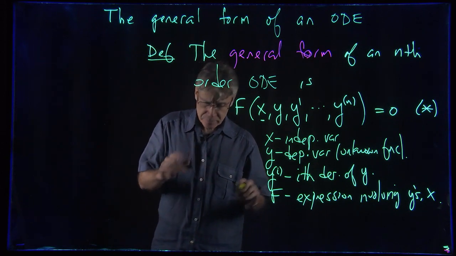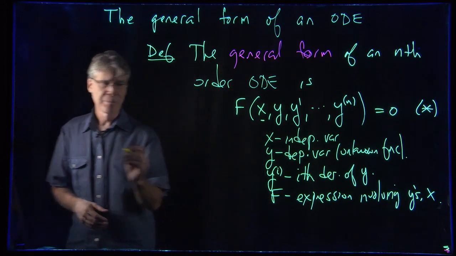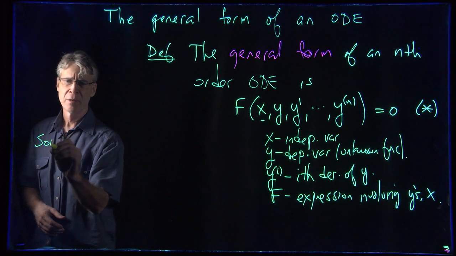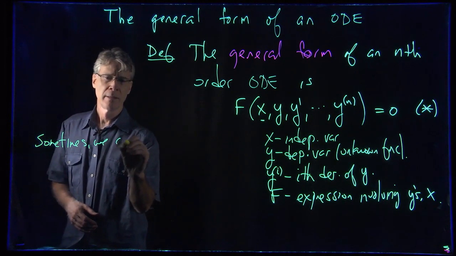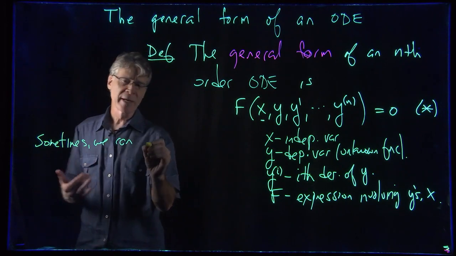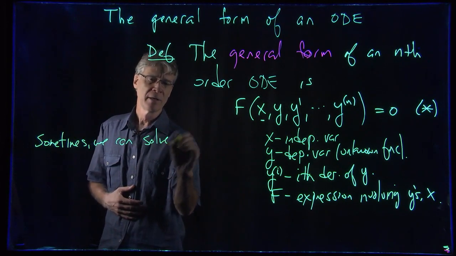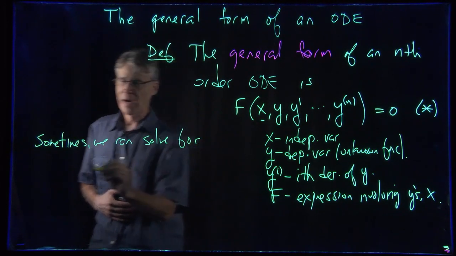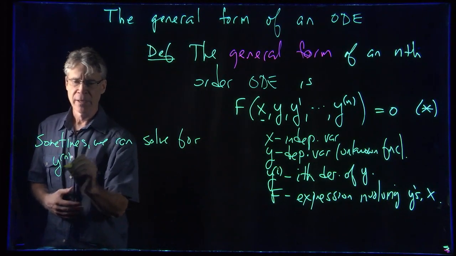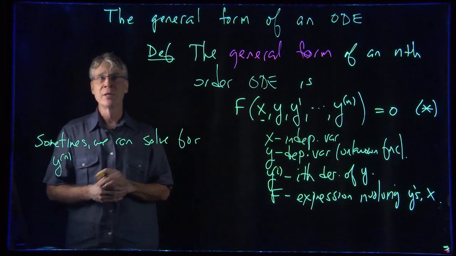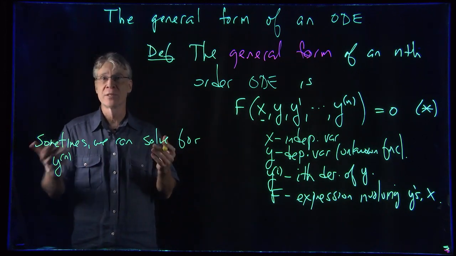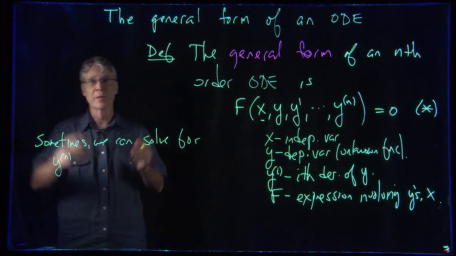Now, sometimes, and I'll put this over here, sometimes we can actually solve for the highest derivative, the nth derivative. And we tend to like this form because it's going to be useful for us in the future when we're developing some other things.